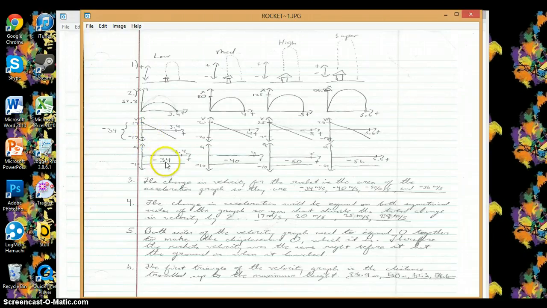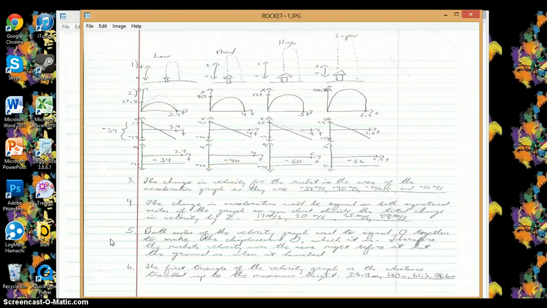Since your change is negative 34, if you divide 34 by 2, it's 17. So you start 17 up, and on the way up it changed from 17 to 0 meters per second, and then on the way back down it went from 0 to negative 17 meters per second. So your launch speed here was 17 meters per second. For the medium it was 20 meters per second. For the high it was 25 meters per second. And for your super it was 28 meters per second.